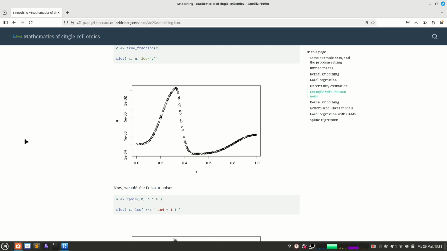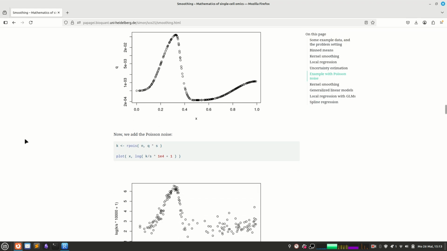And in order to visualize what I've now got as my data, I undo what we've always done. I take the k, divide it again by the simulated read totals s, and make our usual thing of adding a small pseudo count of 10 to the -4 in order to avoid the zeros. And what I then get is this here.